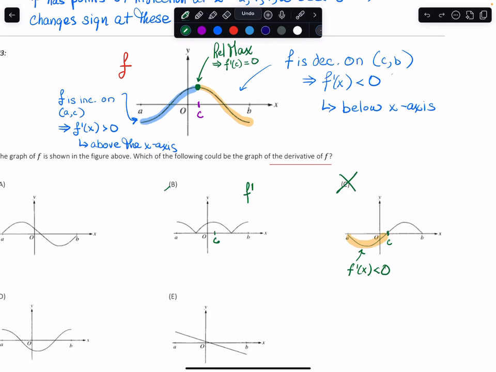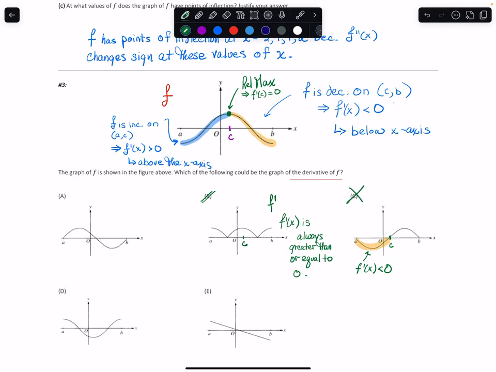So this is no good because f prime of x is always greater than, I guess we could write this, greater than or some places equal to 0, okay? That's how I'm eliminating choices. I'm looking for things that do not match the analysis that I did above.